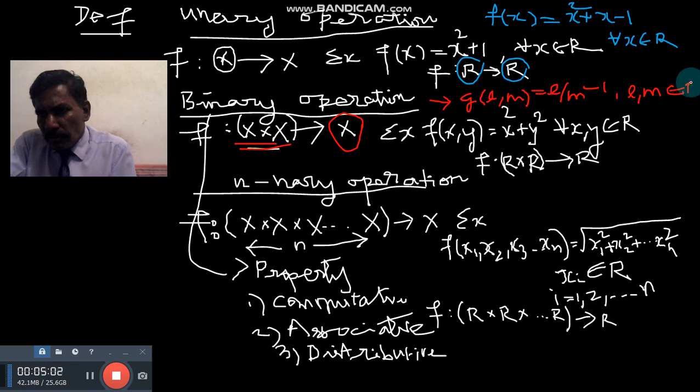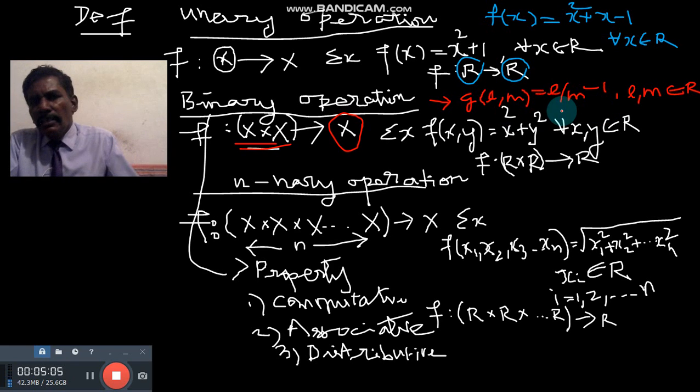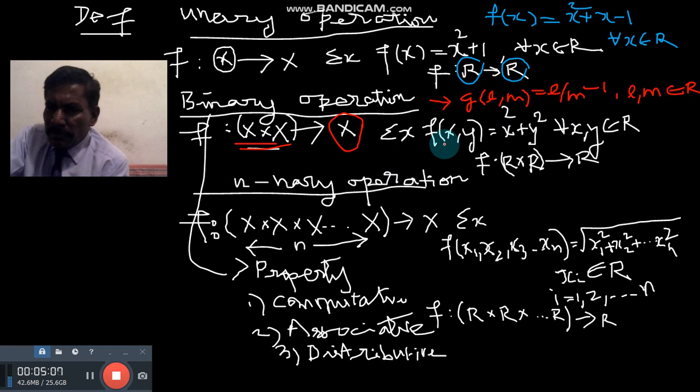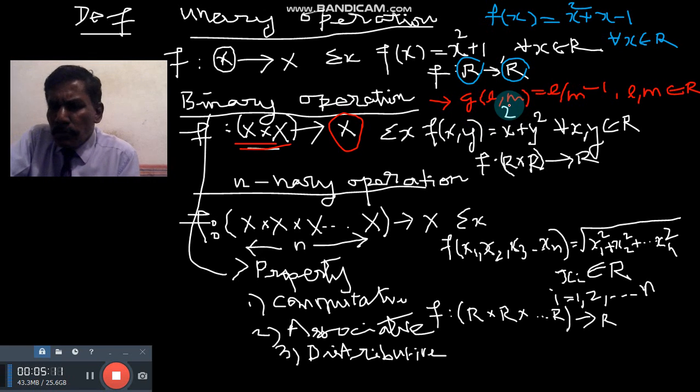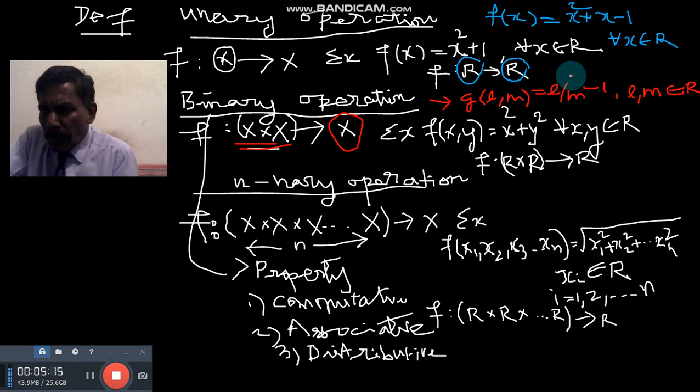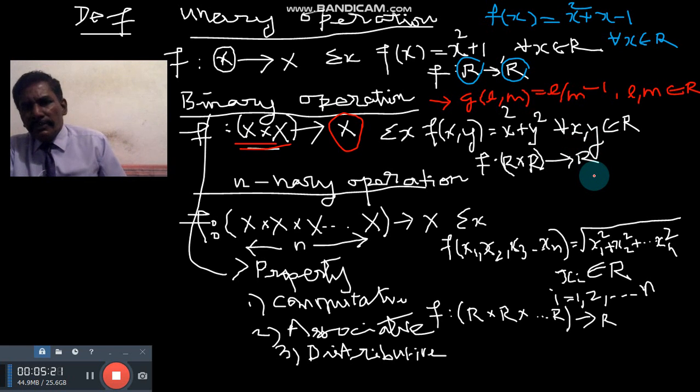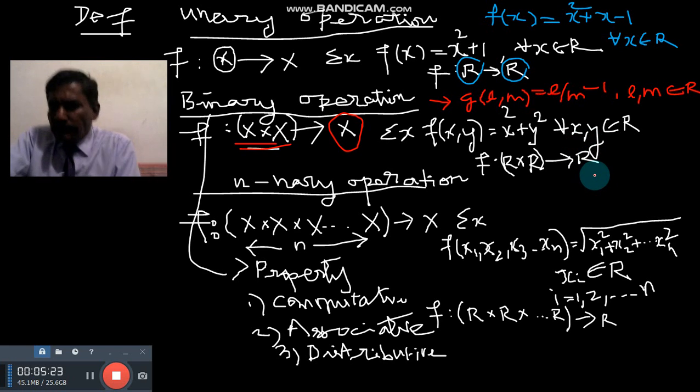So this is also a good example for a binary operation. Here g is a binary operation acting on the two variables l and m in this particular way, and the result or the image is in a single set of real numbers. Such a type of operation we call it as binary operation.